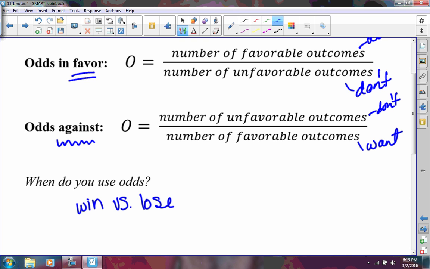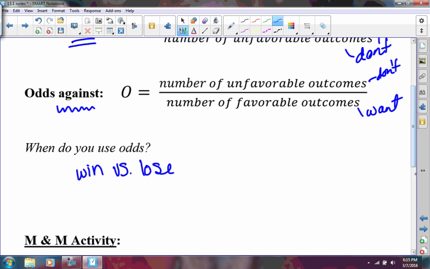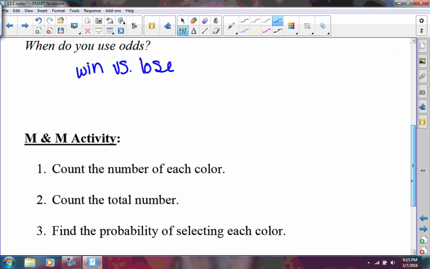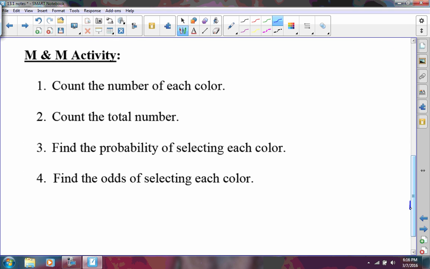Now, in class, we're going to do an M&M activity next, where I'll hand out 2 little packets of M&Ms, and you'll count the number of each color of M&M that you have, and then you'll count up the total number of M&Ms, and then we'll go through and we'll find the probability of selecting each color. So you'll find the probability of selecting the red.